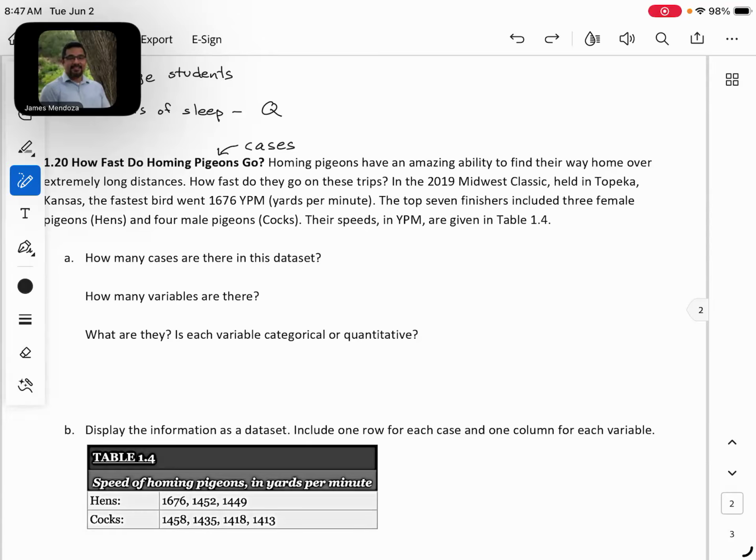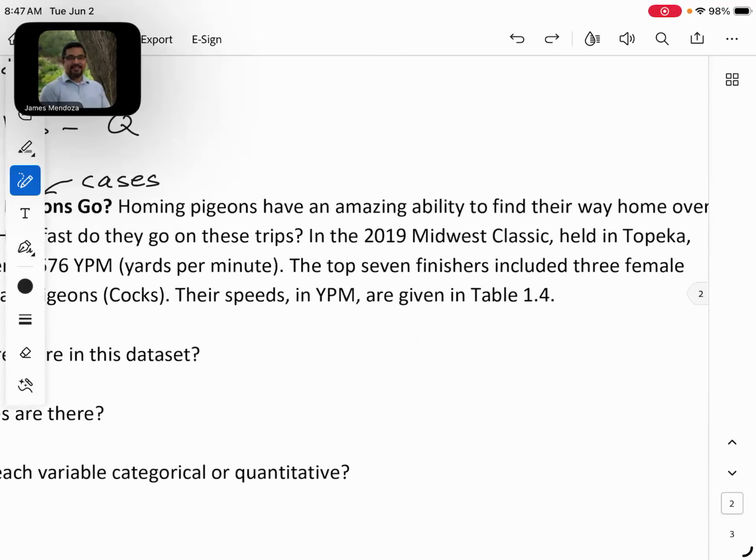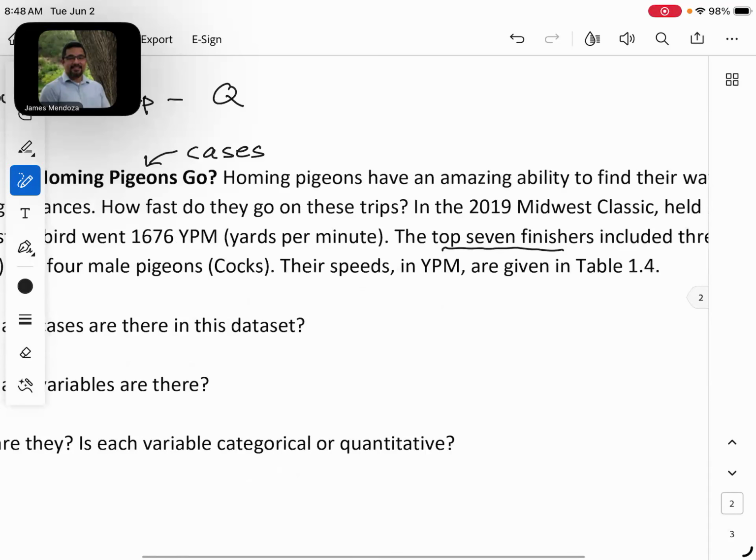Now, on this one here, truthfully, this study was actually much bigger than what they're unveiling here. It is actually a data set with more than 1,000 homing pigeons. But this particular segment of it is focusing on the top seven finishers, the seven fastest pigeons in the study.